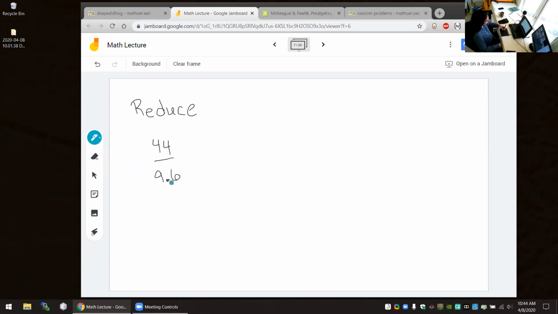So one decimal point is sufficient, one scoot. That's the same as a times 10. So I have to do it on the top also, to be fair. So that's going to make 440 and 96.